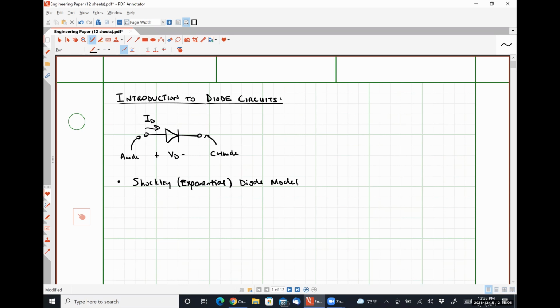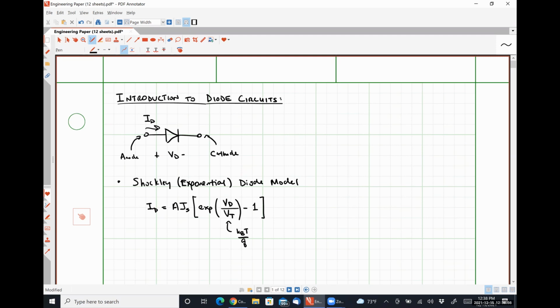So our Shockley diode model says that our diode current ID is the cross-sectional area A times JS, which is our reverse bias saturation current density that we developed for both PN junctions as well as rectifying metal semiconductor junctions, multiplied by a factor of exp(VD/VT) minus 1, where VT is nothing more than our thermal voltage, kBT over q.